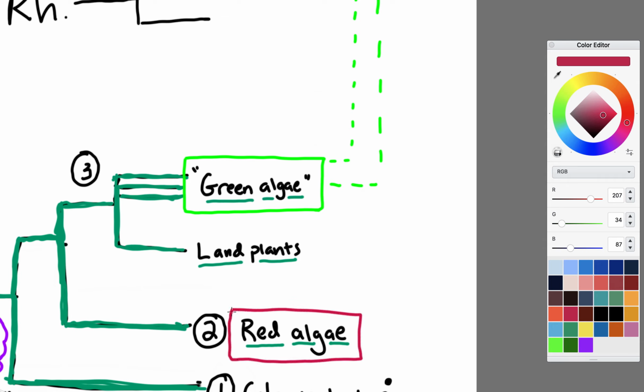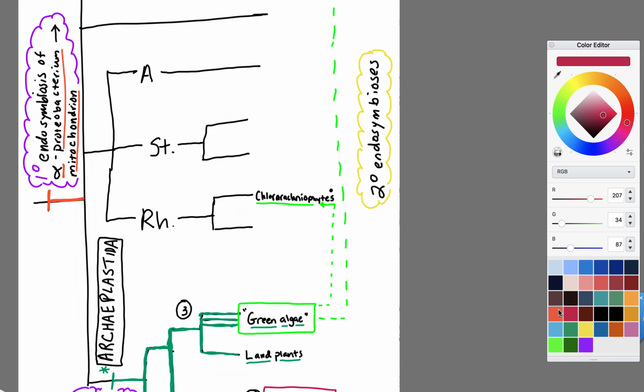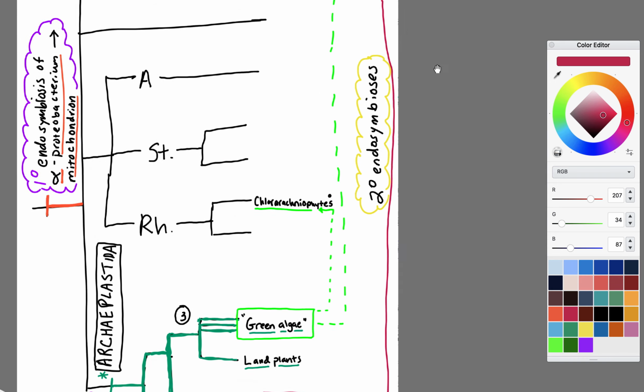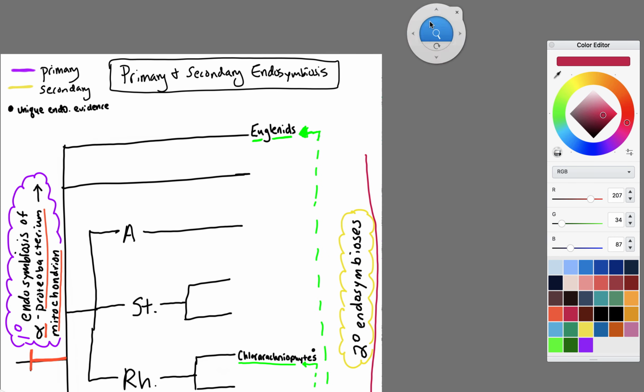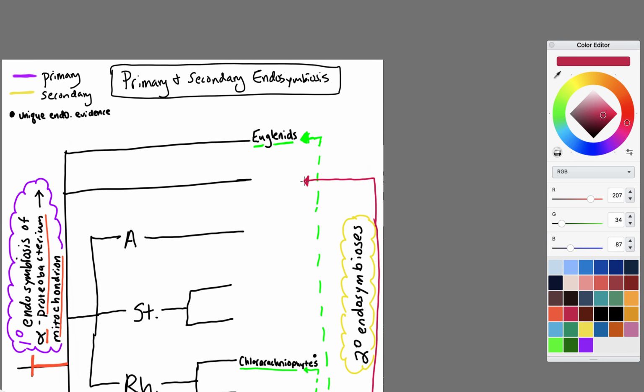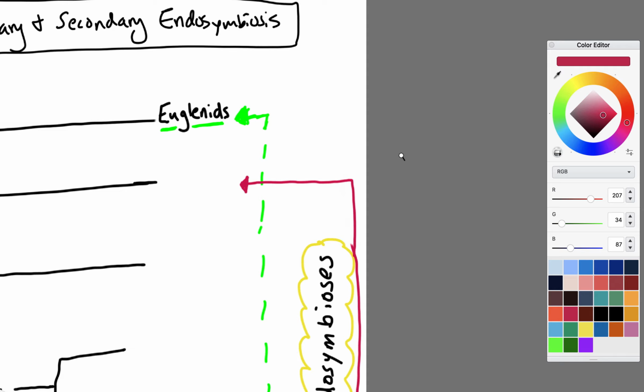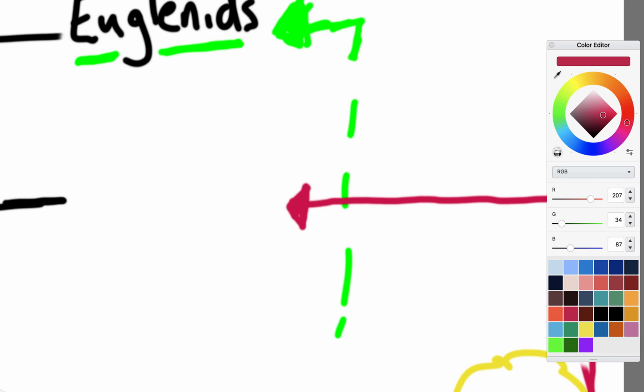So this happened, looks like, a bunch of times. Okay, so one group that engulfed a red alga were the haptophyte group.